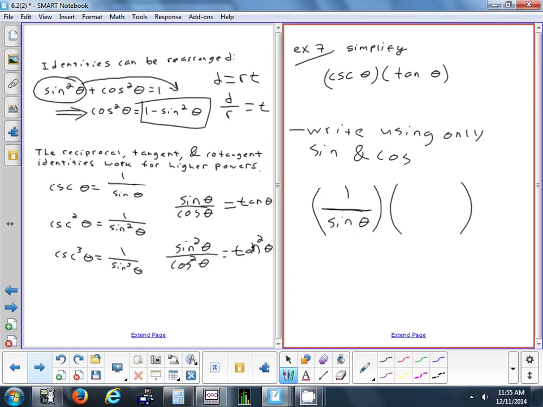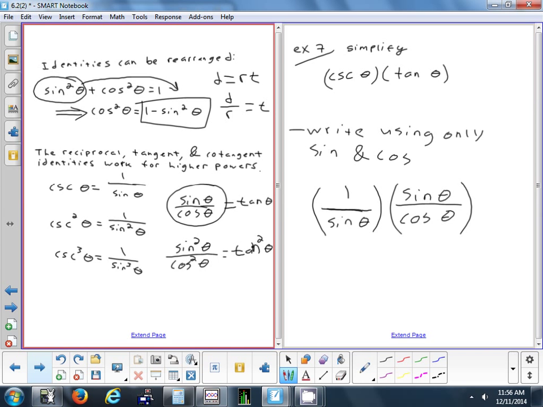Somebody else tell me, how can I write tangent just using sines and cosines? Yep, Cody. Sine over cosine. So basically all you're doing here is substitution. You're changing tangent using one of its identities. In this case, we use this one. You changed cosecant using a reciprocal identity.